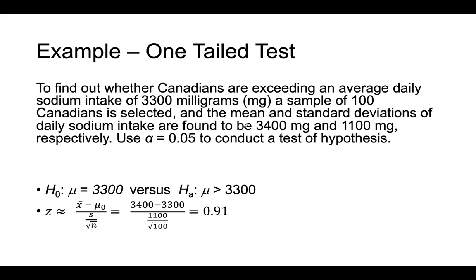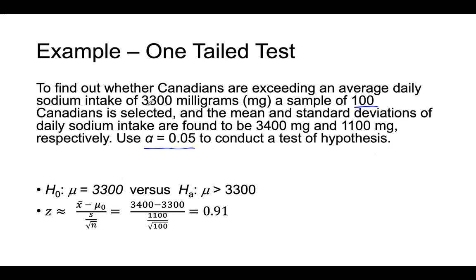Let's see an example of a one-tailed test. To find out whether Canadians are exceeding an average daily sodium intake of 3,300 milligrams, a sample of 100 Canadians is selected, and the mean and sample standard deviation of daily sodium intake are found to be 3,400 and 1,100, respectively. Use alpha equal to 0.05 to conduct this test of hypothesis.